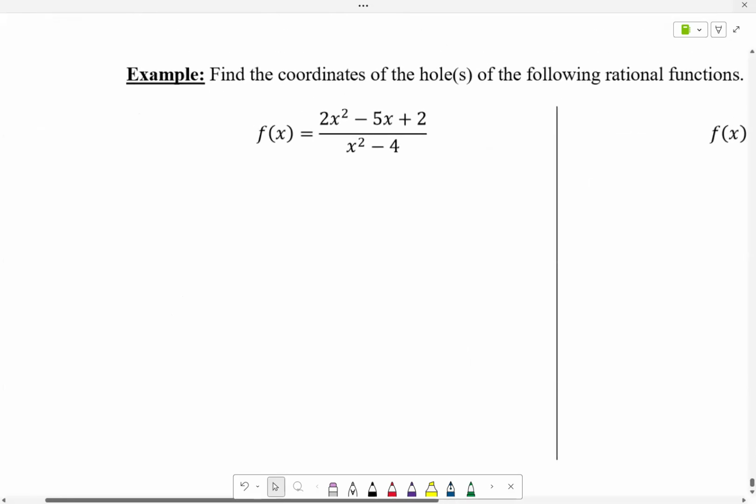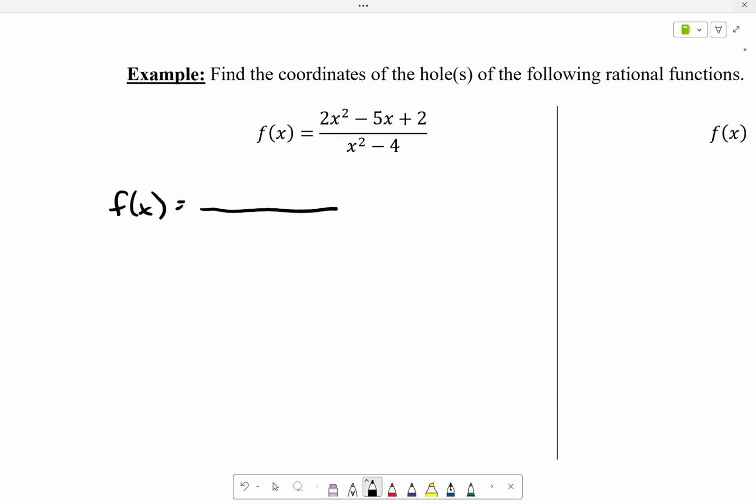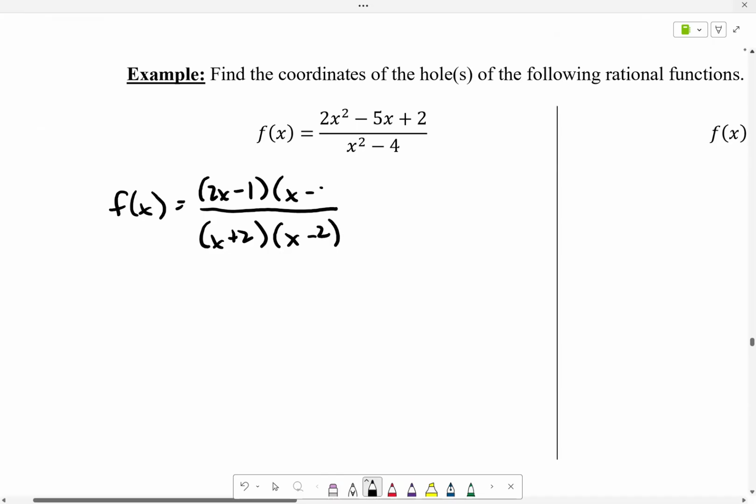Emma, could you help me with this first one, please? So if you do the bottom, it would be a difference of squares. If you factor the denominator, yes: x plus two and x minus two. Then the numerator would be two x minus one and x minus two.